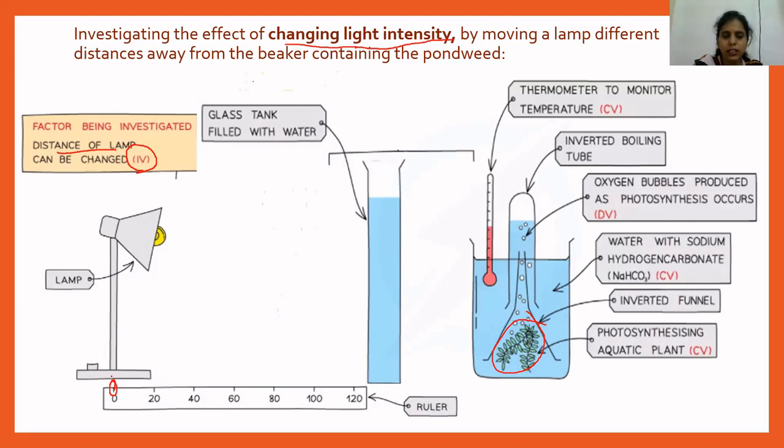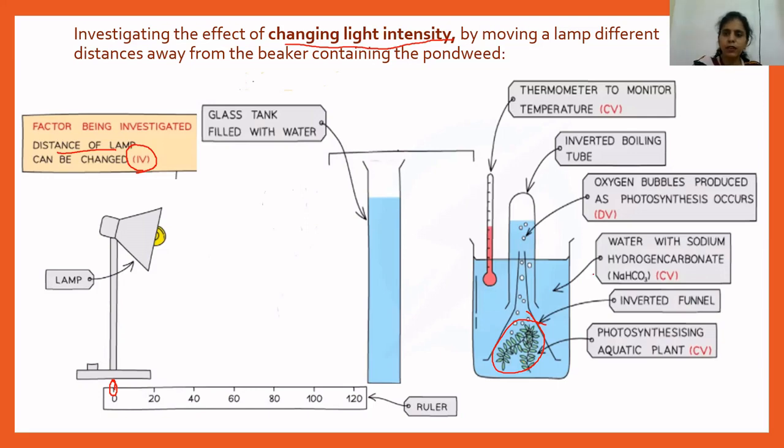Then you have to move this table lamp forward. So when you are taking a reading at 0 centimeter, and then at 20, 40, 60, 80, 100, 120 centimeters, while taking all these readings, you should use the same photosynthesizing aquatic plant. You should not increase the number of plants or change the type of plant. So this photosynthesizing aquatic plant is also a control variable.